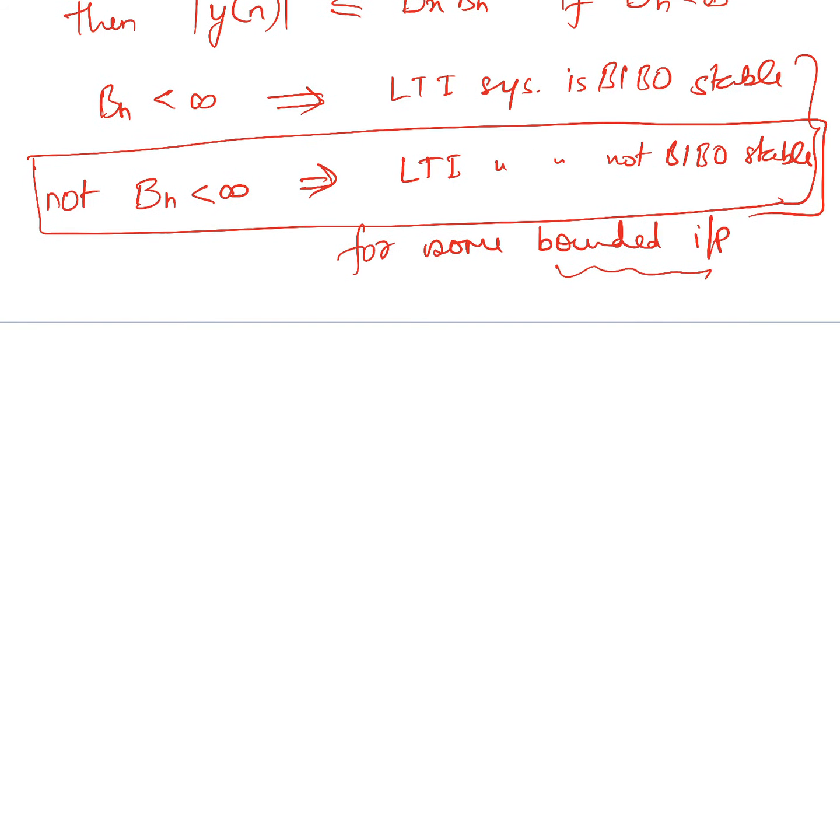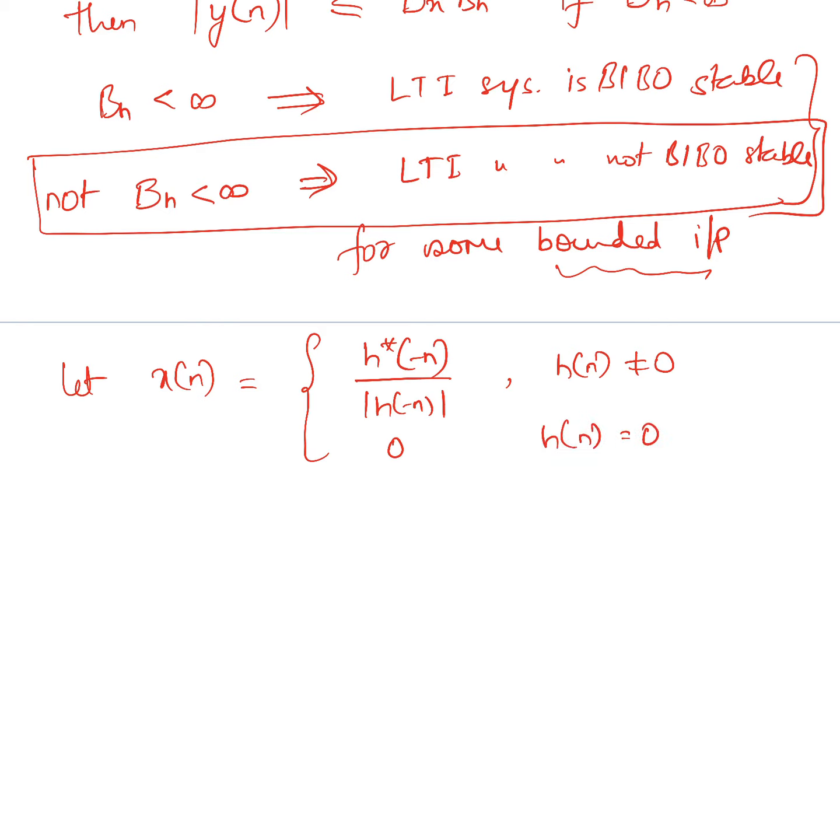Let's define one bounded input x of n as h star of minus n divided by mod of h of minus n for h of n not equal to 0, and it is 0 when h of n is equal to 0. This is a bounded input sequence, which you can verify is always bounded, since mod of x of n is less than or equal to 1, where h star of n is the complex conjugate of h of n.